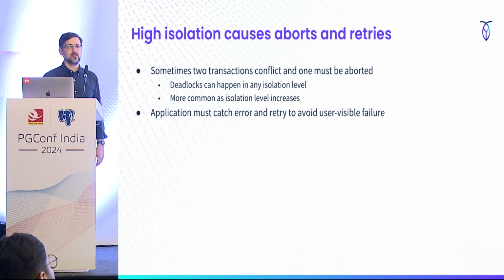So whereas you might be content to say that, well, if a deadlock happens, then I'm just going to return an error to the user and let them reload the page, you might not be happy with that in serializability because this is much more common. And so you may feel that you need to put some sort of try-catch block in your application to catch the error and retry. And this can become extremely tedious depending on how your application is organized.